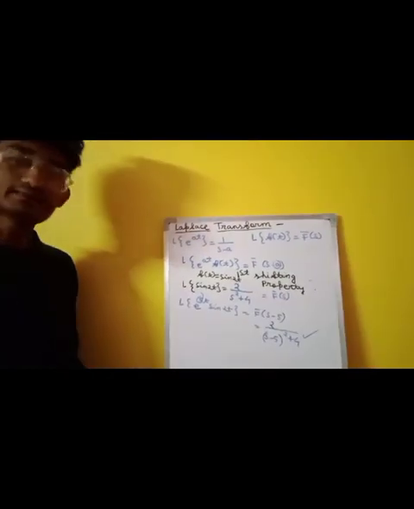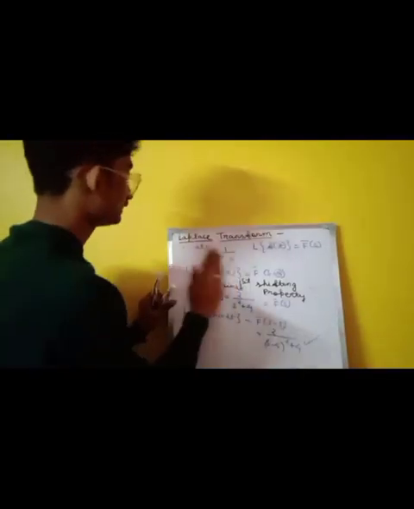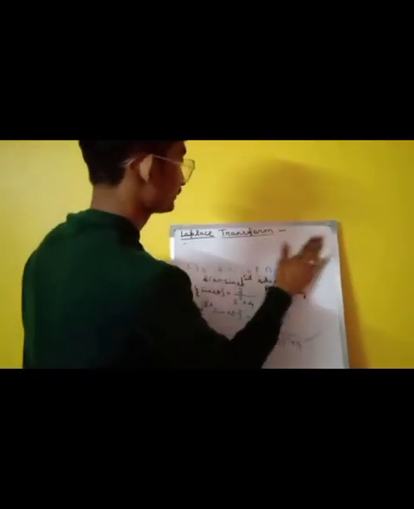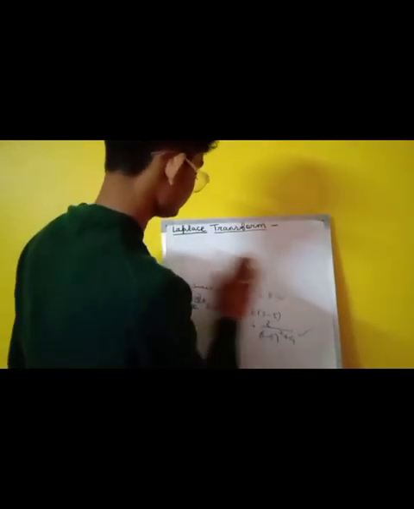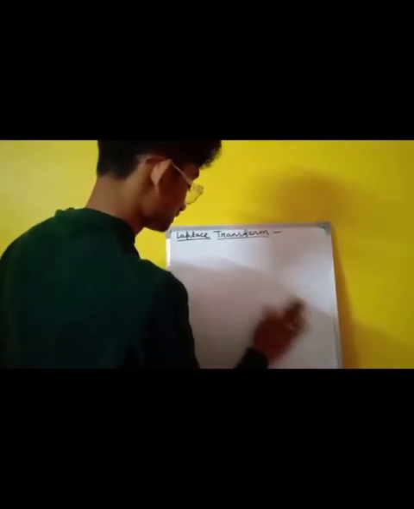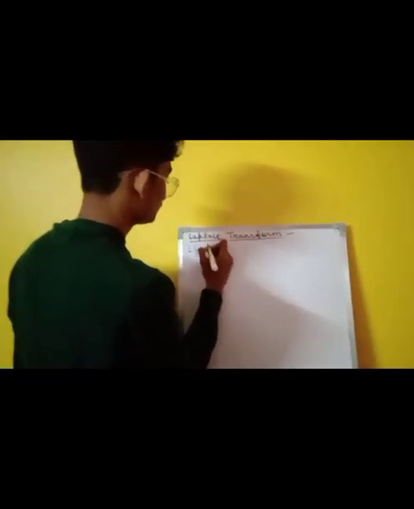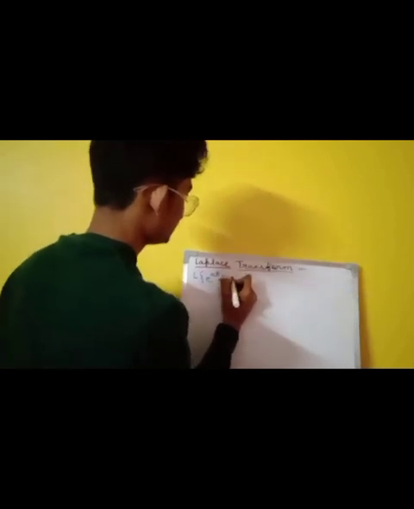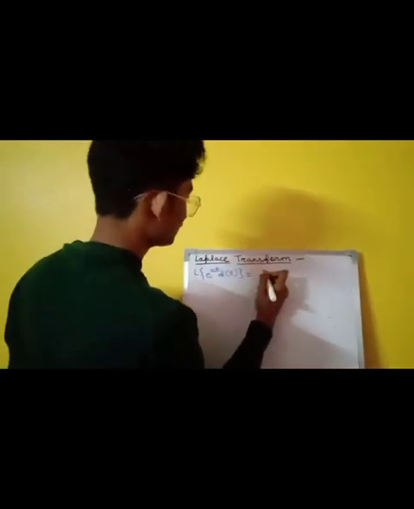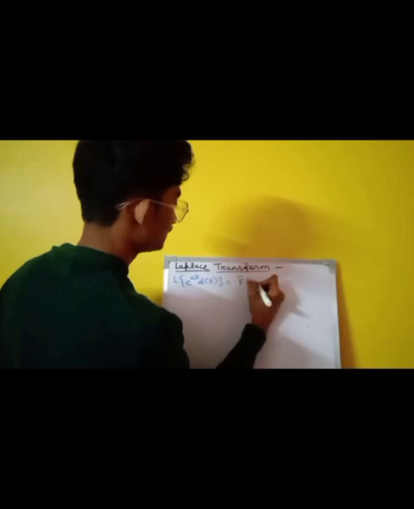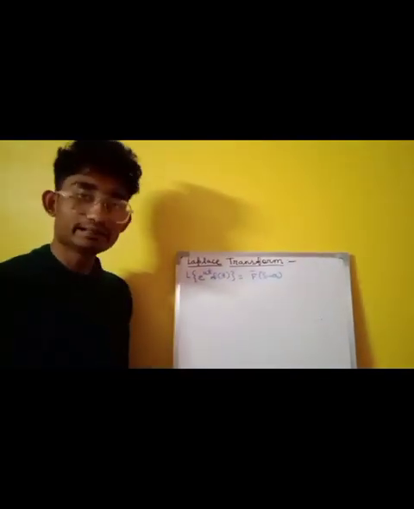Now let's discuss the derivation. According to the first shifting property, Laplace of e raised to power at into f of t would be f bar of s minus a. How can you derive it?